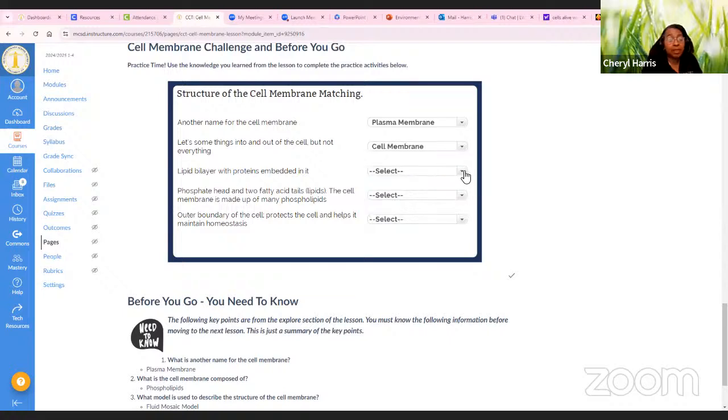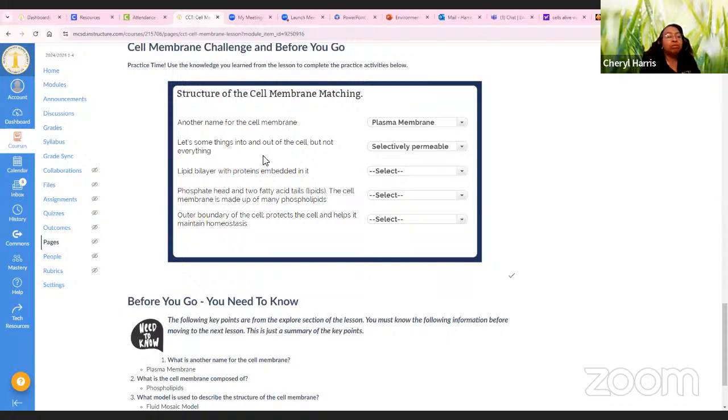That's good. However, because it said, but not everything, that's a right answer and a wrong answer. It is the cell membrane, but because of the way it said it, we want to say selectively permeable.